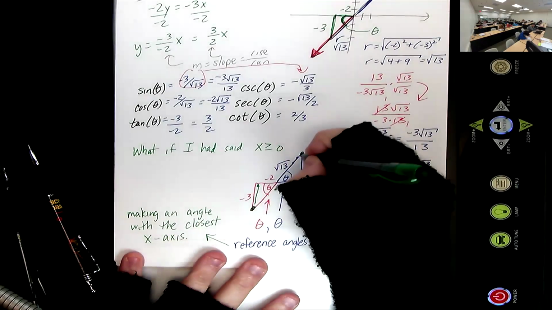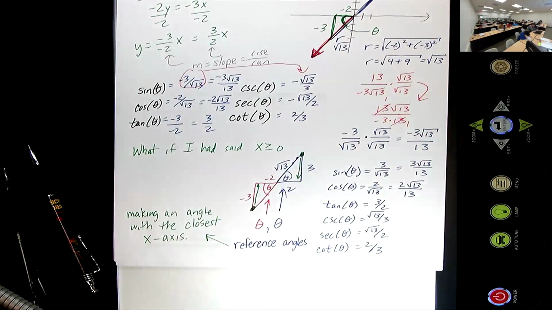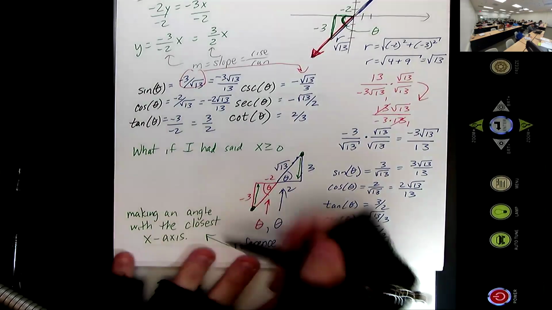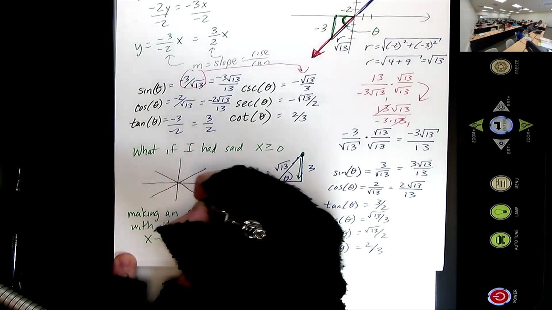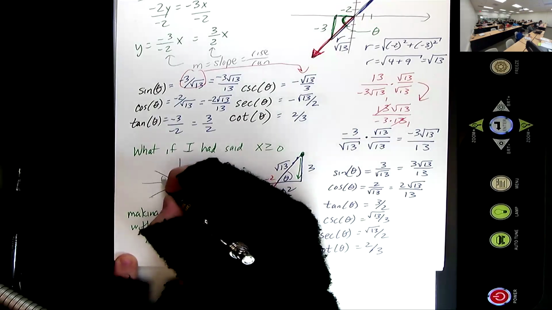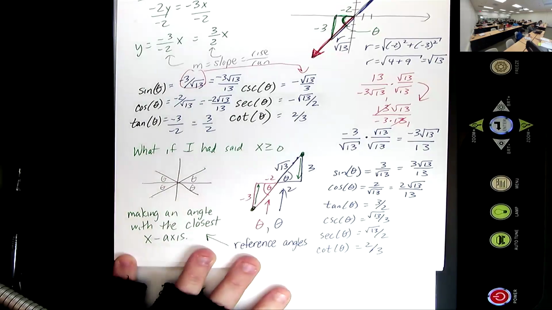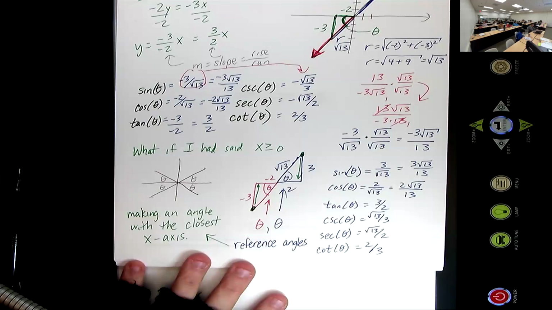When I was over here, the closest x-axis was coming straight down to this one. It actually happens in any of the quadrants, upper left or lower right. And with this reference angle idea, all 6 trig functions are going to have the same numerical values. Just the signs will be different.